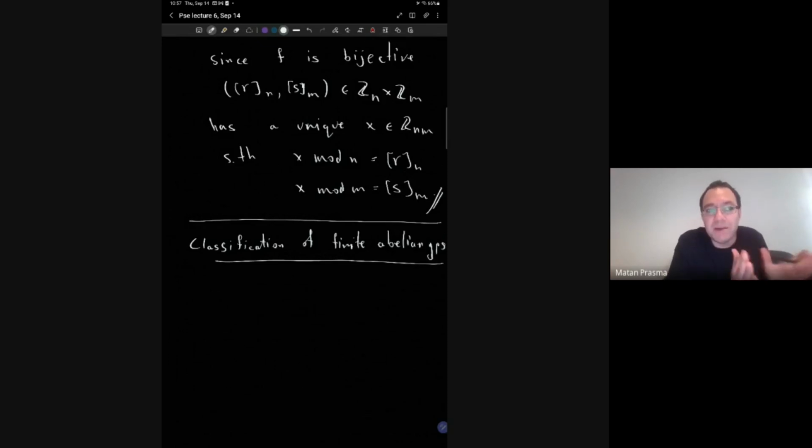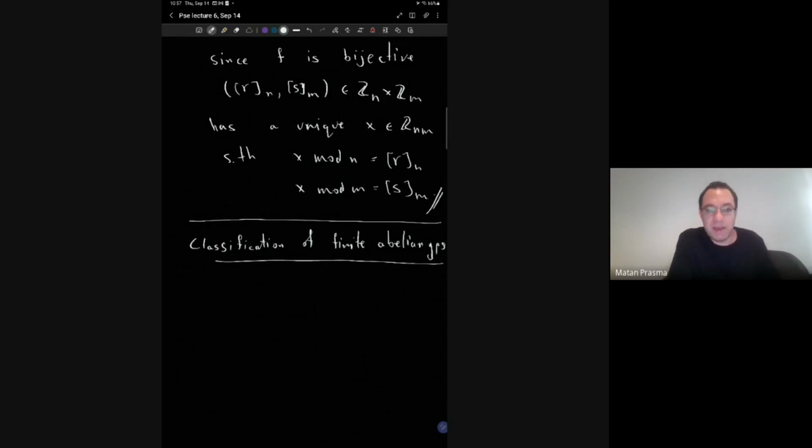So the idea generally in this classification is to decompose a finite abelian group into a Cartesian product of simple groups, simple abelian groups.